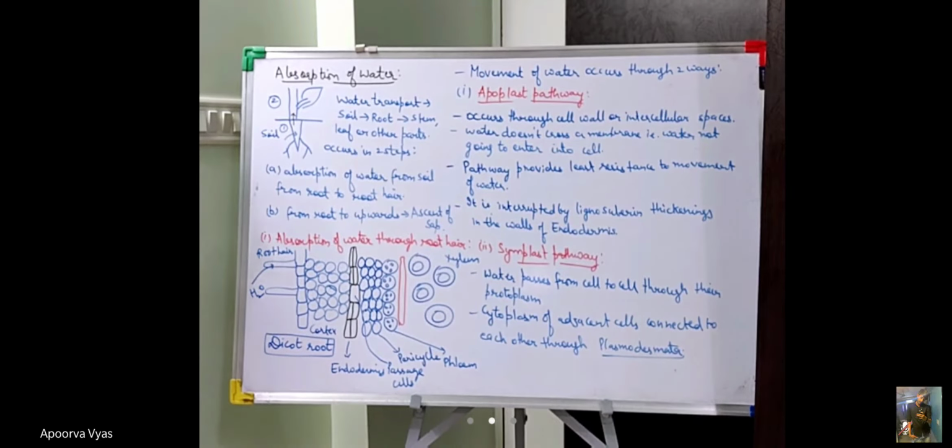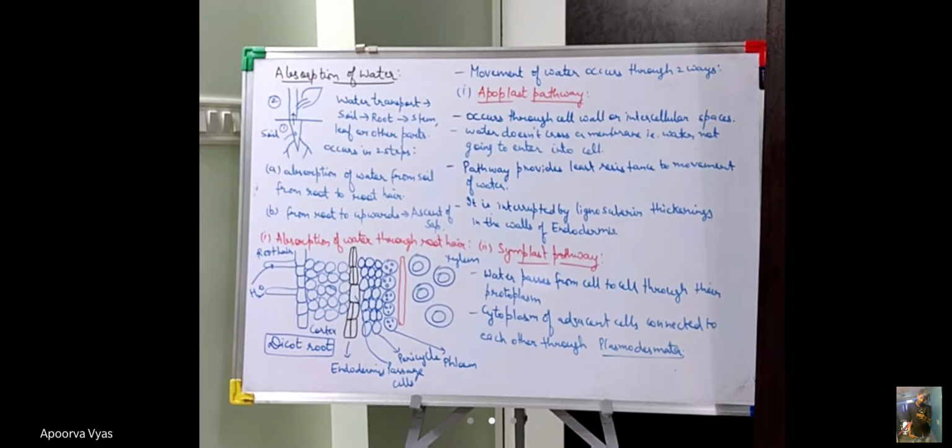The first step is the absorption of water from the soil into the root. Whatever water is present in the soil will be absorbed by the root hair into the root. This becomes the first step.